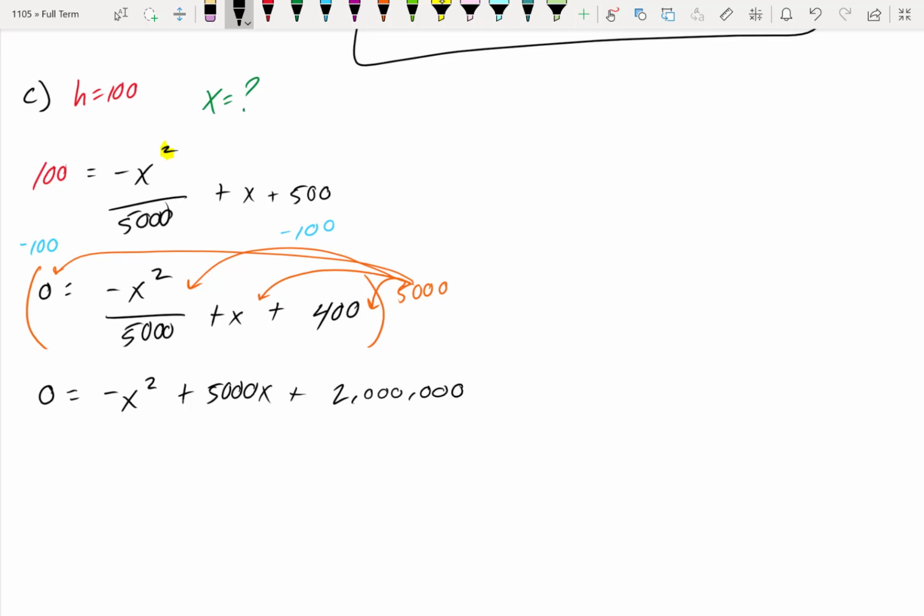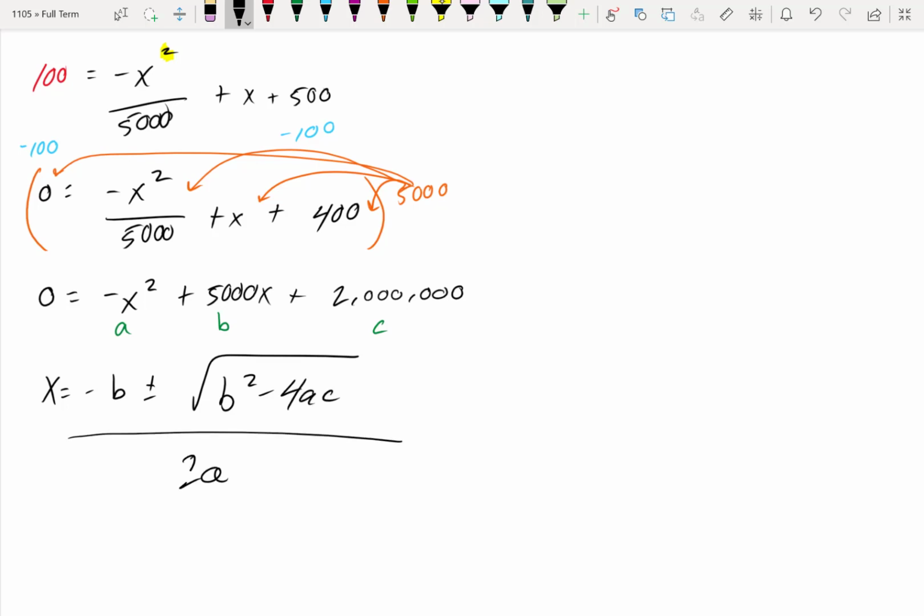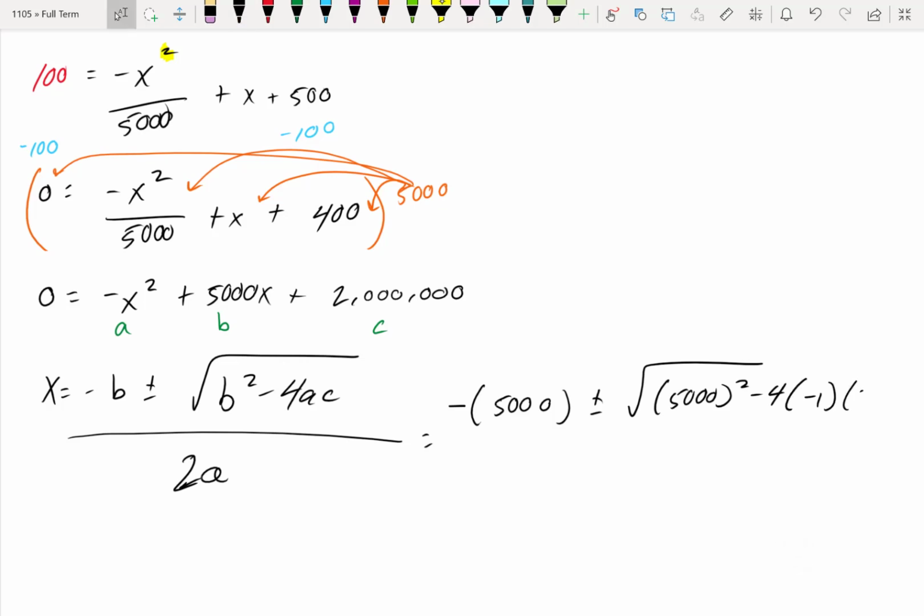Okie dokie. So now let's use our quadratic formula. We have our a, our b, and our c. The quadratic formula is x equals negative b plus or minus the square root of b squared minus 4ac all over 2a. So let's plug it in. We have negative b, which is 5,000, plus or minus b squared, which is 5,000 squared, minus 4 times a, which is negative 1, times c, which is 2 million.